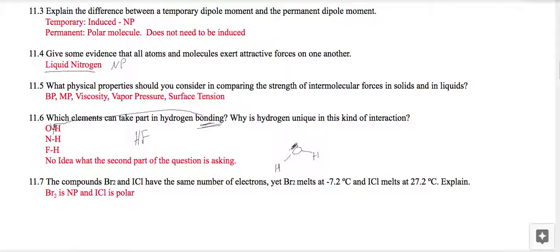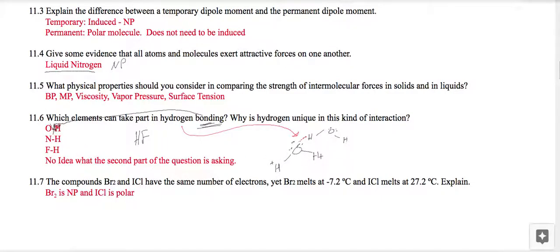Because it's polar, it has a slightly negative side on the oxygen and slightly positive on the hydrogen. We could do the same thing with another water molecule. It's this attractive force in between the two different molecules that we call hydrogen bonding.